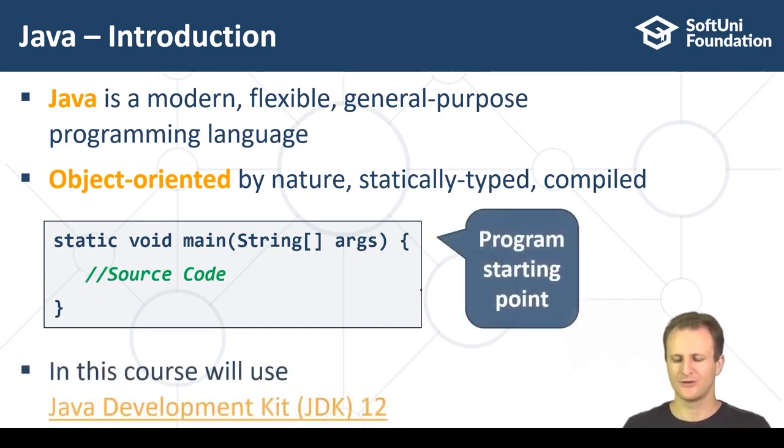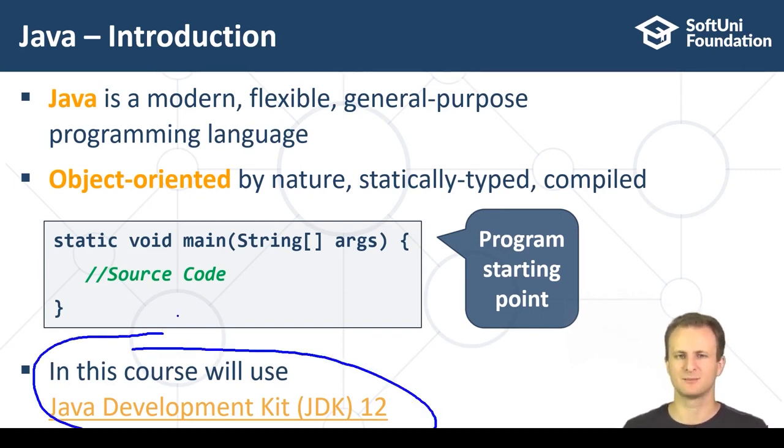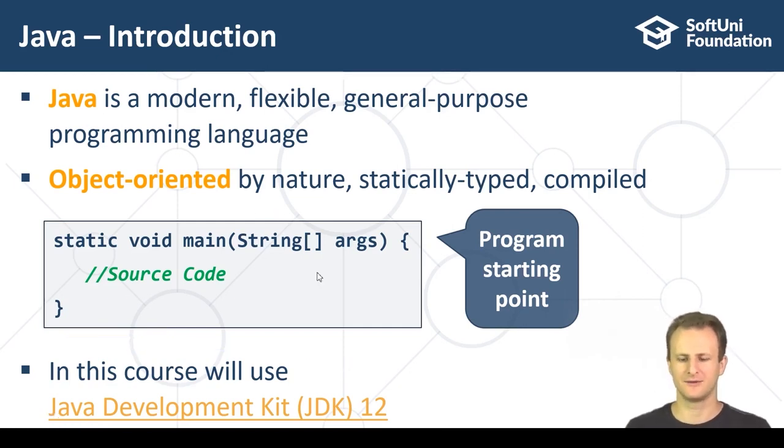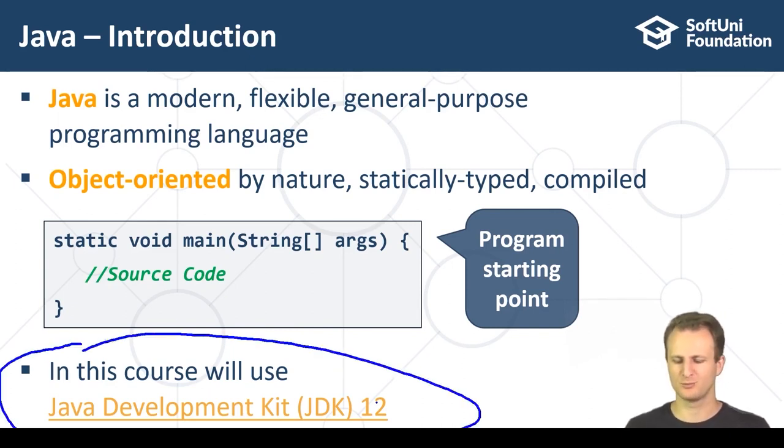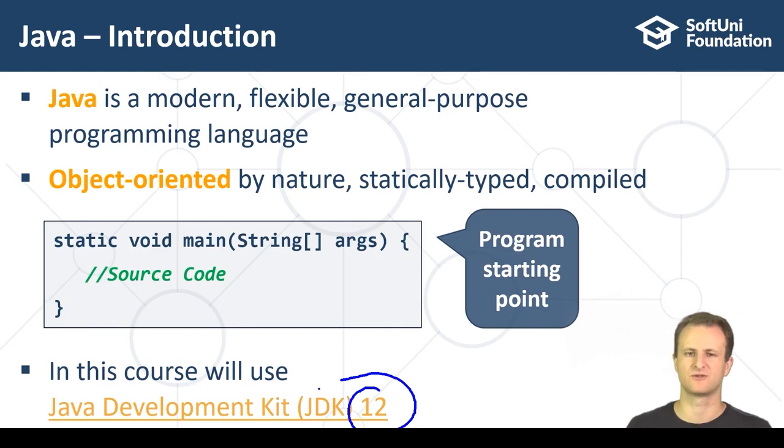Okay, so when writing Java, we will be using the latest Java development kit, which is JDK 12 currently. However, you could even fall back to JDK 8. That's what I'm using currently. The subjects we will be covering in this course will not be needing all of the advanced features from Java 12.